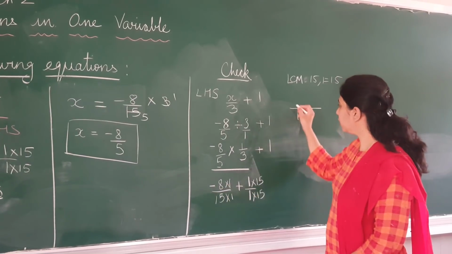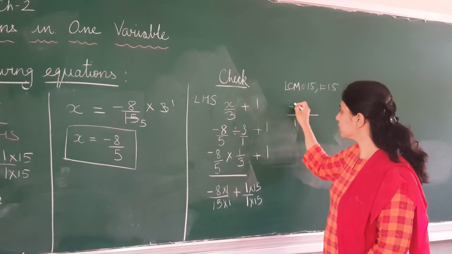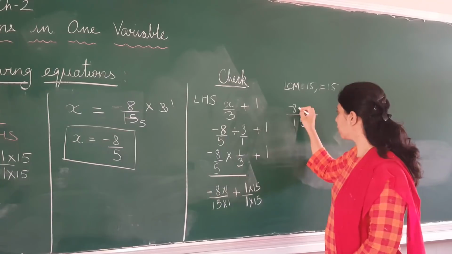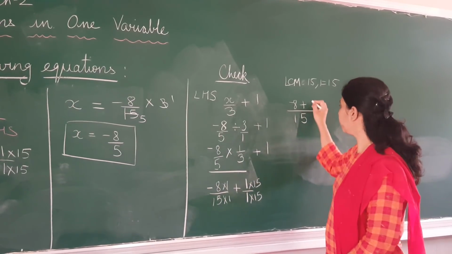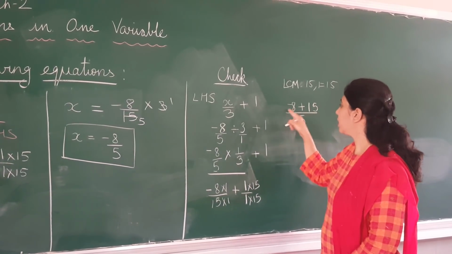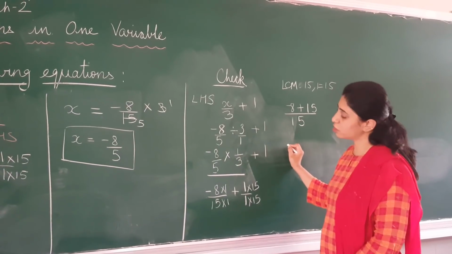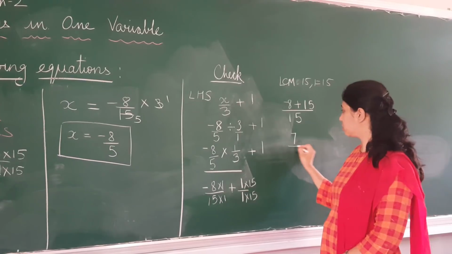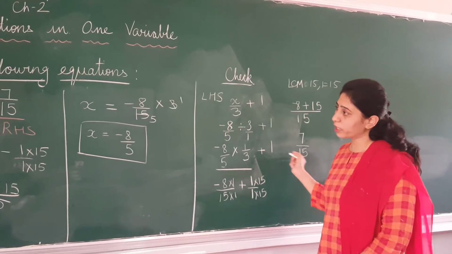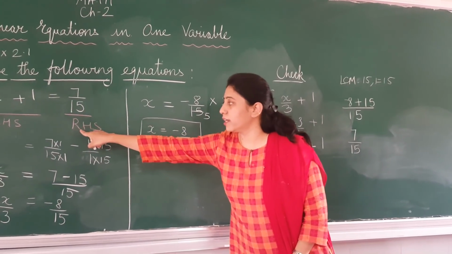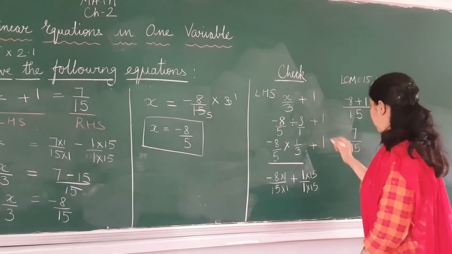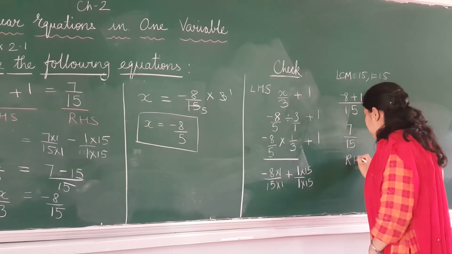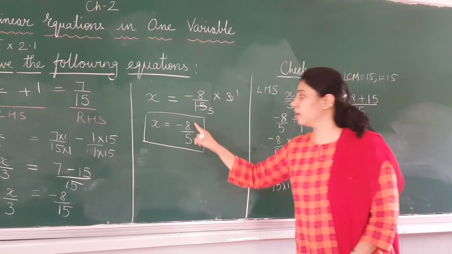So minus 8 into 1 is minus 8, plus is your main sign, 1 into 15 is 15. Minus 8 plus 15, what is your answer? 7, and the greater number's sign is plus. So 7 upon 15. Are you getting 7 upon 15 over here? That is RHS. So if that answer tallies, the value of x is right.